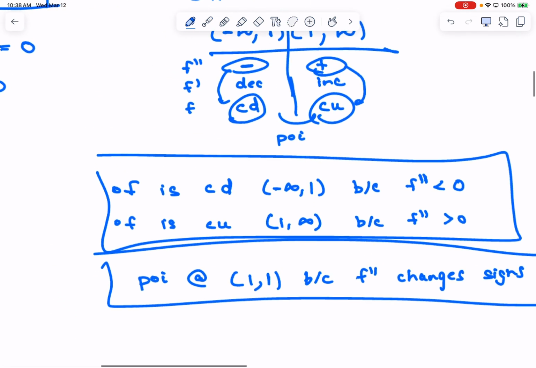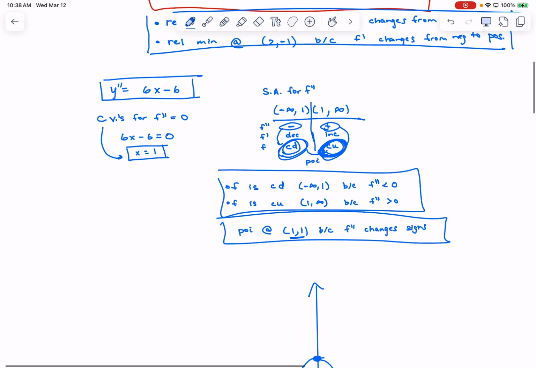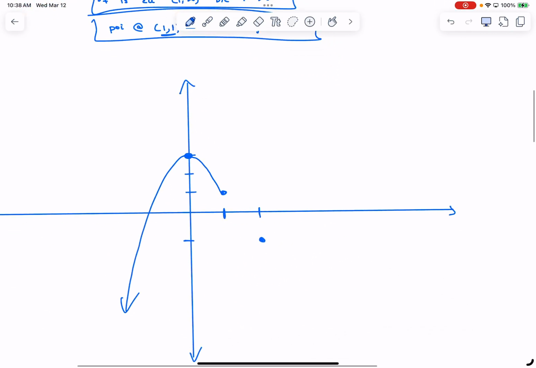The concavity switches at 1, 1. So now it's going to go to curved up. You're going to switch it so it subtly has that change of looking curved up now. And it kept decreasing all the way to 2. And then from 2 to infinity, what? There you go. Nice, pretty graph.